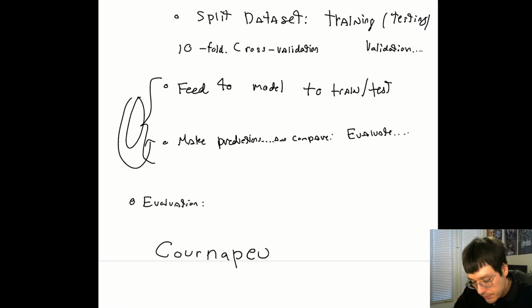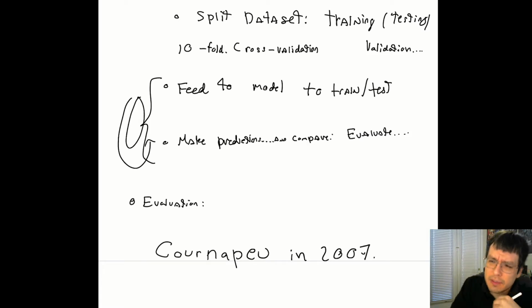I just have the name written down. But it was developed by Kornapu in 2007. But it took about 3 years to get the first real release, an actual practical usage of it. Because there's a difference between, hey, I made this cool project and it works really nice, to, okay, now I'm ready to release this to the world and it's actually a well completed product.